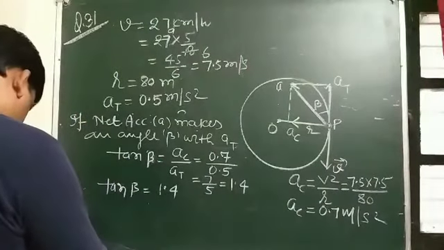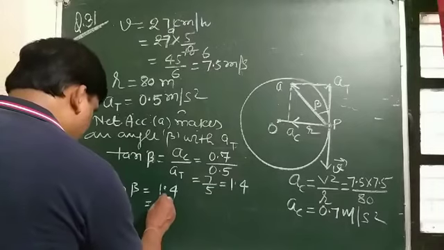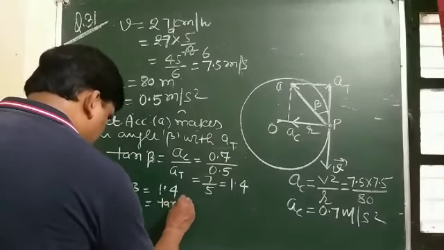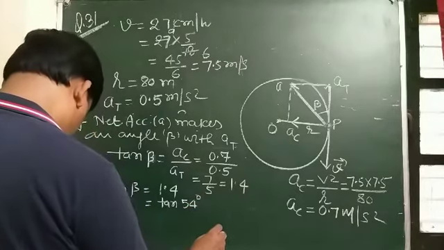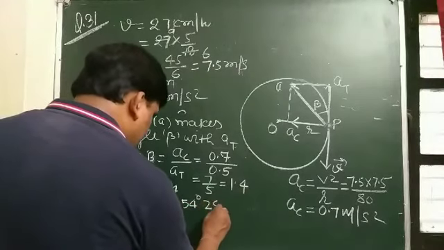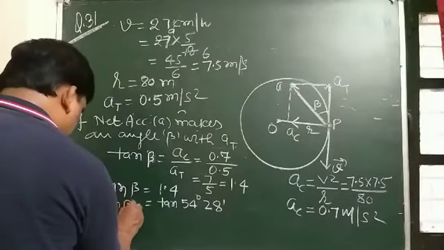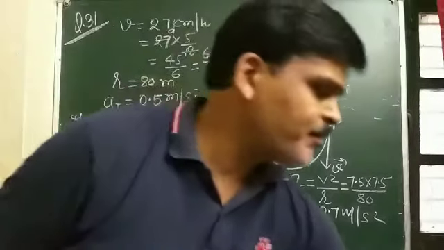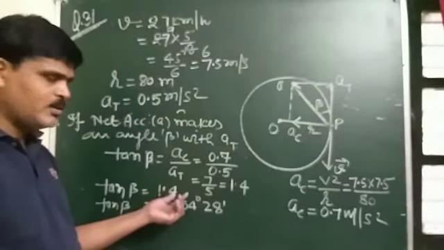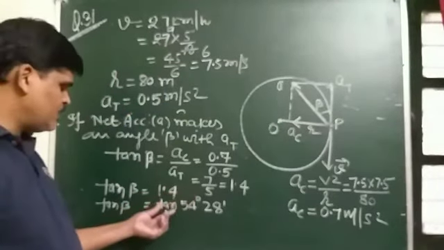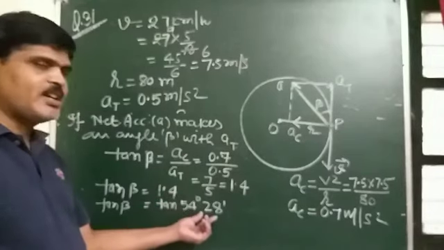I am going to write directly, and this value comes out to be, students, 54 degree 28 minutes. So when you use the natural tangent table and see the value of 1.4000, then you can see that this is the value, 54 degree 28 minutes.